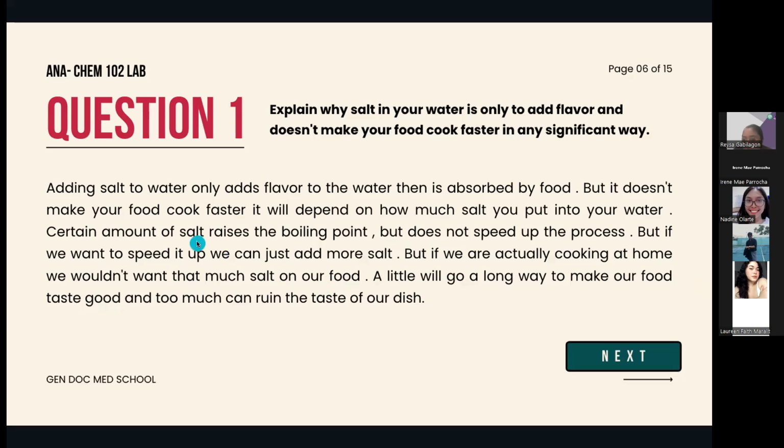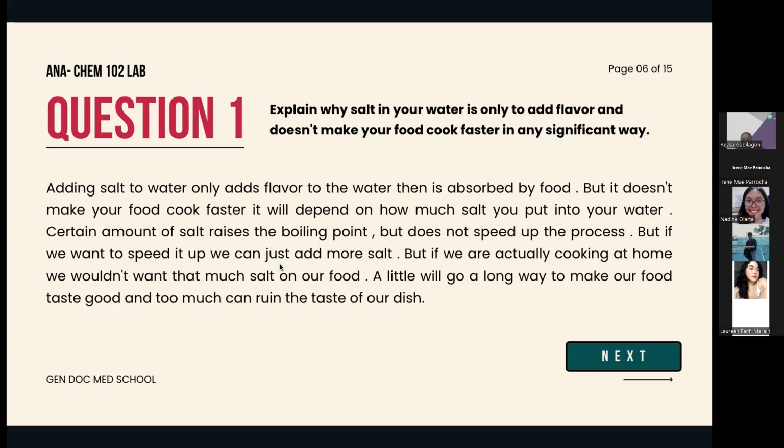For the guide question, explain why salt in your water is only to add flavor and doesn't make your food cook faster in any significant way. Adding salt to water only adds flavor to the water, which is then absorbed by food, but it doesn't make your food cook faster. It will depend on how much salt you put into your water.